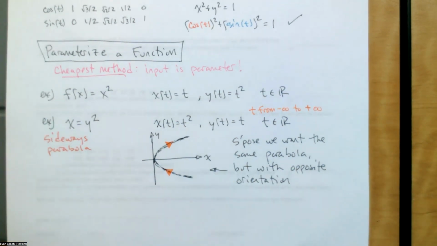Let's suppose that we want this same parabola, but we want the opposite orientation. I want it to go from top to bottom. I want it to appear that way.